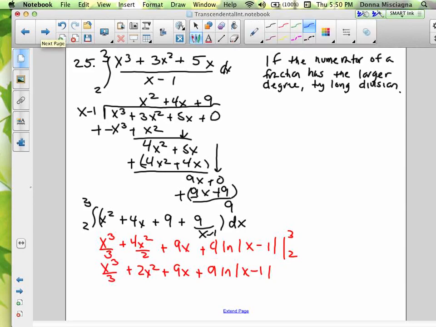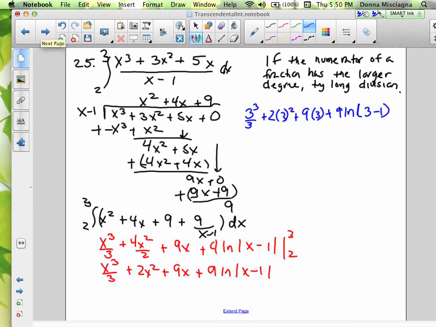So that's going to be, plug it in, 3 cubed divided by 3 plus 2 times 3 squared plus 9 times 3 plus 9 natural log of, and we don't really need the absolute values, 3 minus 1.